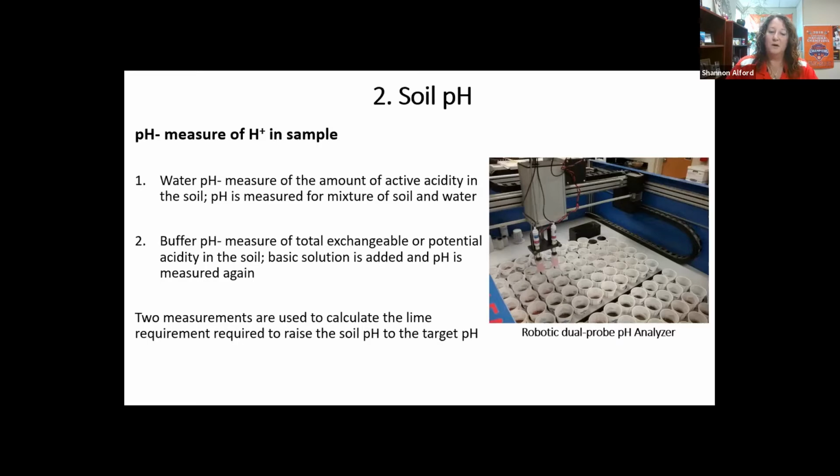Based on the water pH value and the buffer pH value, we're going to be able to make a lime recommendation that's really specific to your soil and how it responds to lime treatment. Those 2 values go into that calculation for lime that you'll see on your soil report. Or you might have a good pH that's right in the growth zone for plants, and so you'll see that you have no recommendation for adding lime.